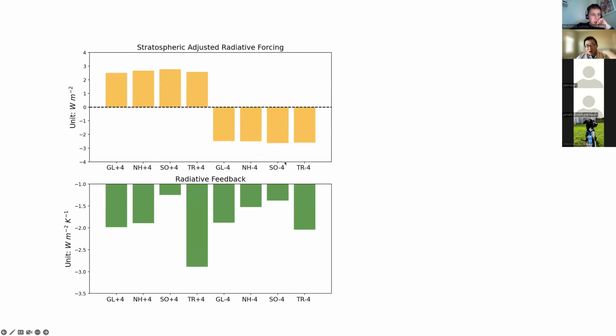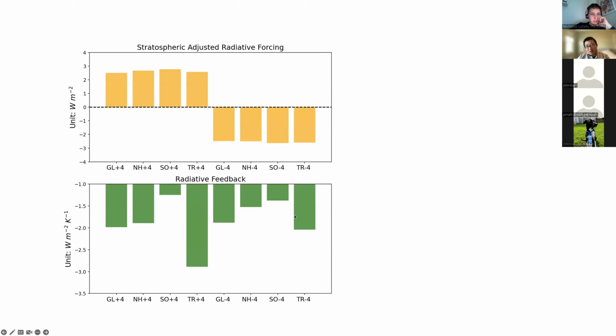Moving forward, we further compare the radiative forcing and radiative feedback across the experiments. Here, the top panel shows the radiative forcing, and the bottom panel shows the radiative feedback. As you can see, the absolute values of the forcing are almost the same across the experiments.